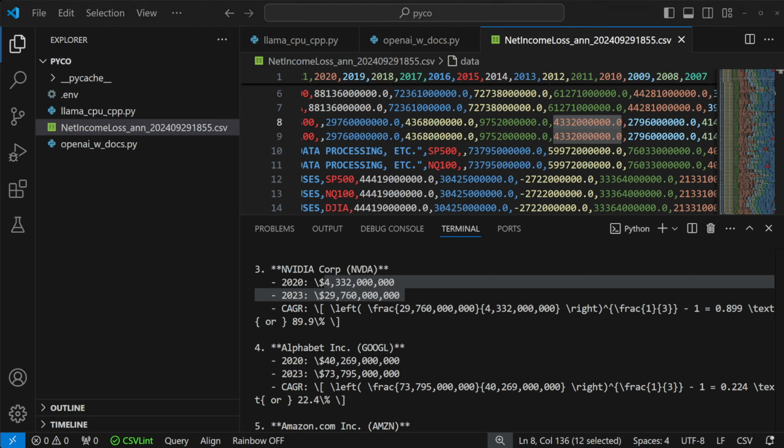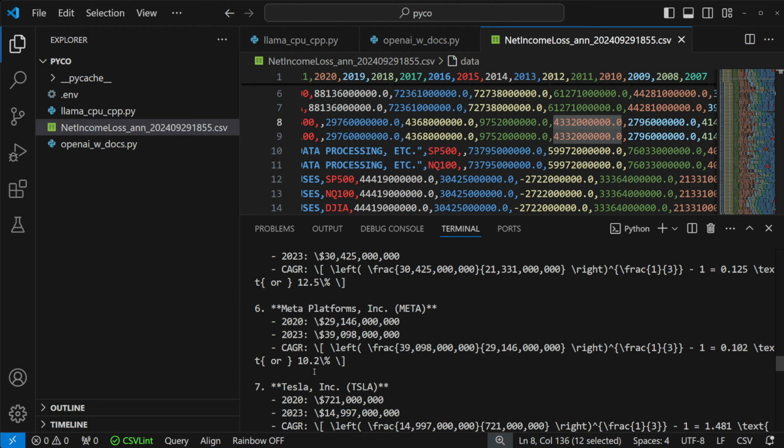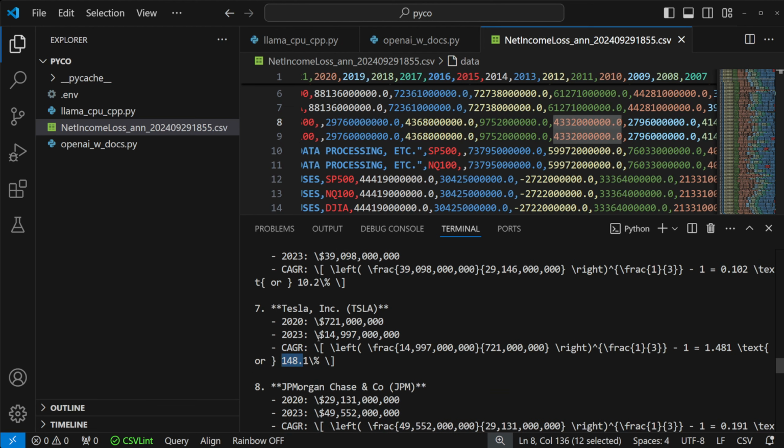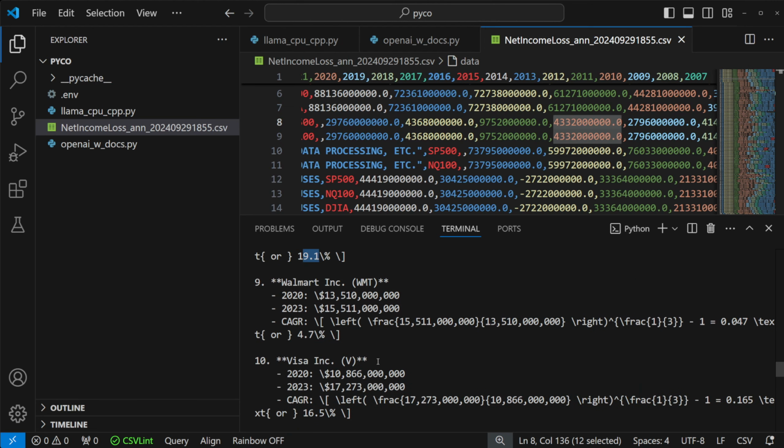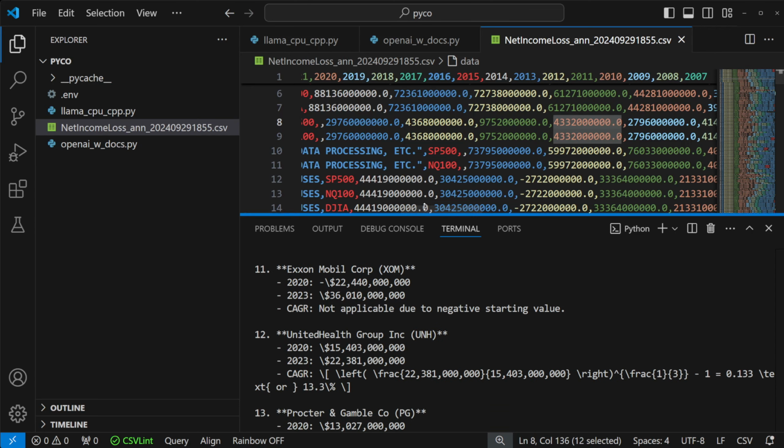Maybe that's what I was doing wrong, I'm so sleepy. By the exponent of 0.333. Yeah, that's right, so this is pretty close on. I was rounding, so these numbers are right, folks. Alphabet 22, Amazon 12, Meta 10, Tesla 150, Morgan 20, Walmart 5, Visa. Anyways, you guys get the idea.